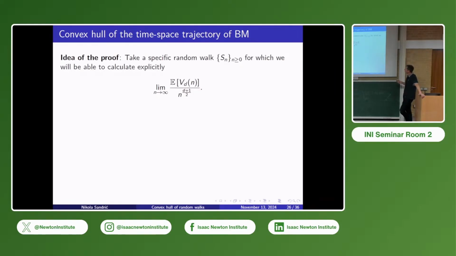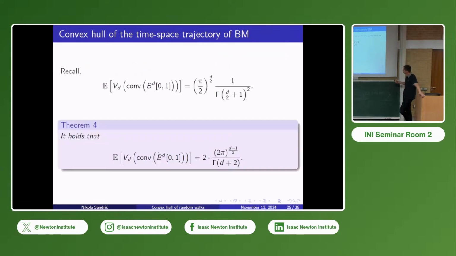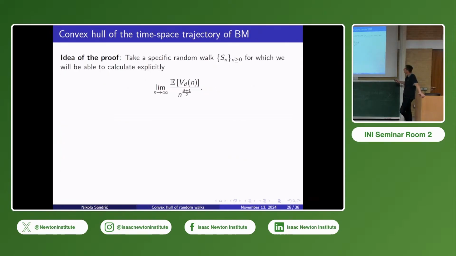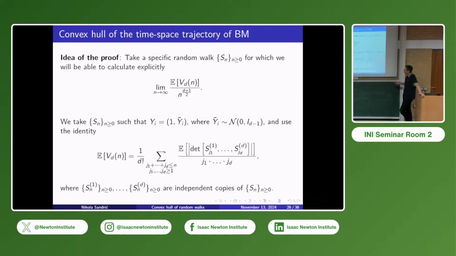The first step is to find an appropriate random walk for which we can compute this explicitly, and such that this thing here converges to this. This is quite easy. We just take S to be a random walk with these jumps: the first coordinate just deterministic 1, because it's a time-space object, and the rest is a standard (d-1)-dimensional normal.